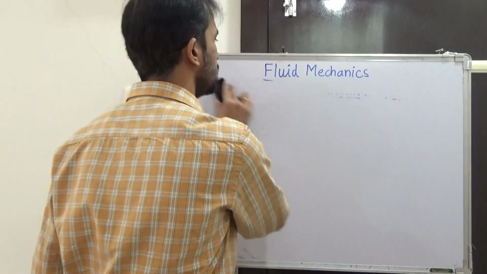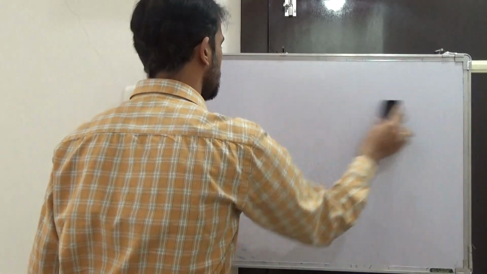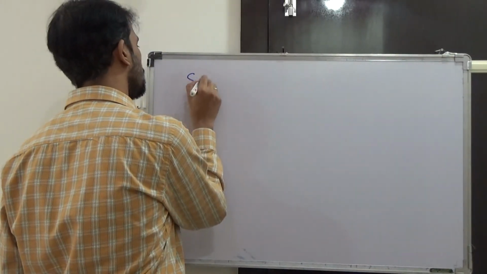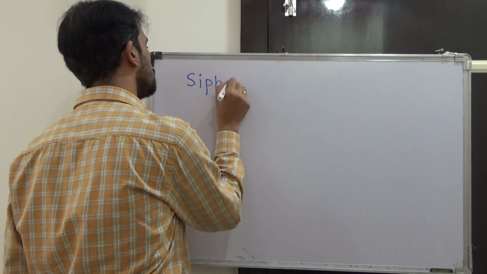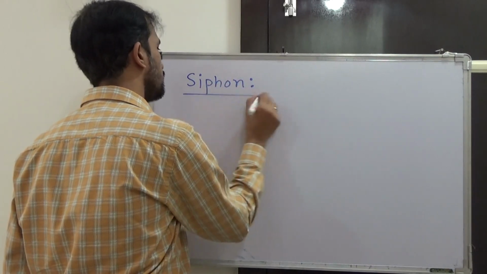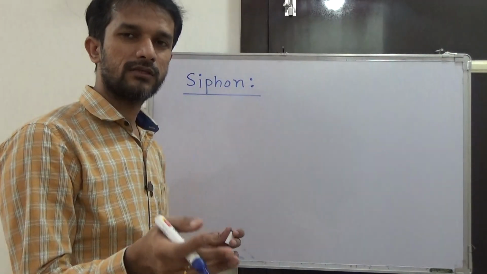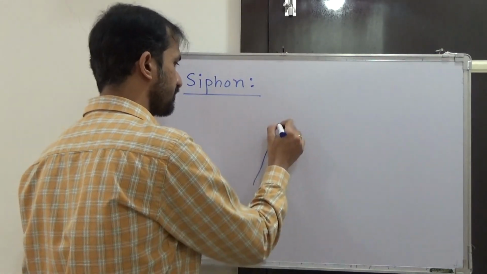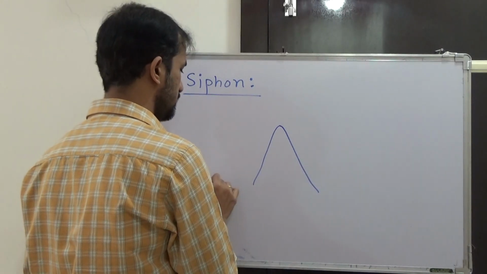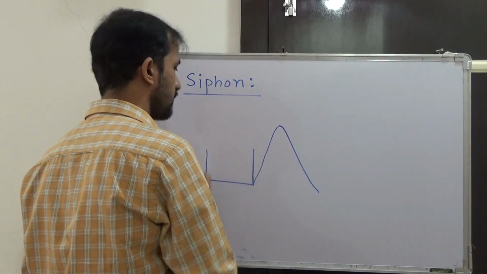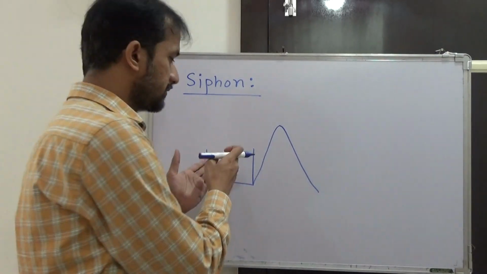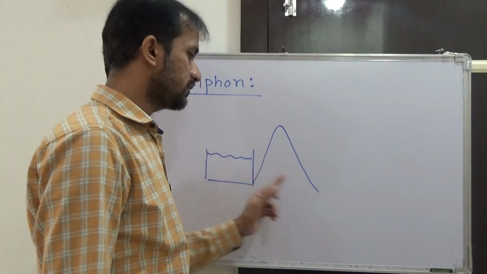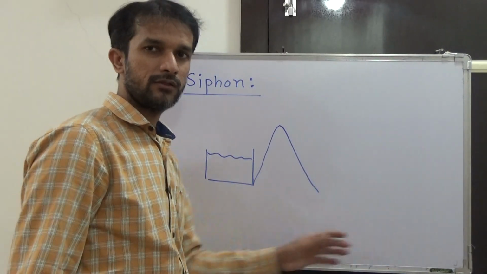So siphon is a very commonly used application in farming. The purpose of this kind of arrangement is to transfer the fluid from a higher reservoir to a lower reservoir over a hill. Let us say there is a hilly area and there is a tank here, and I want to transfer this water, or whatever fluid is in this tank, to the other side, which is at the lower level.